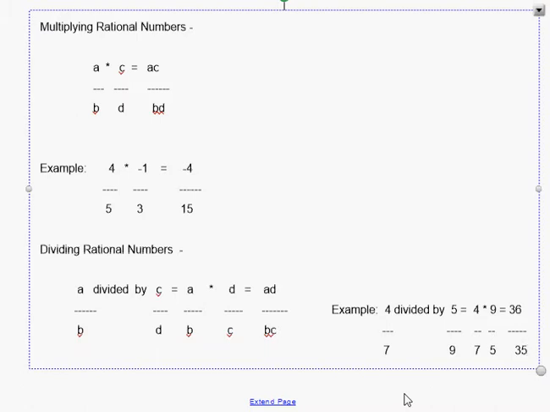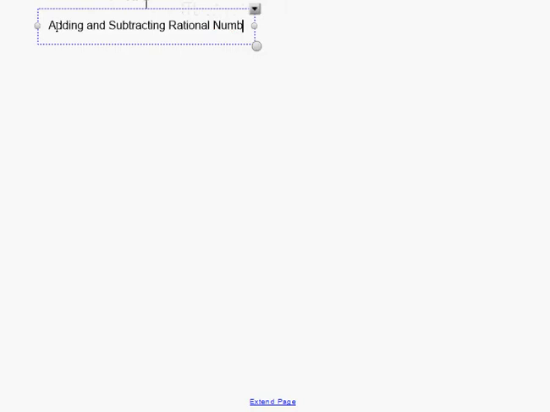Now, adding and subtracting rational numbers. If we end up having the same denominator, we just add the numerators. So adding and subtracting rational numbers.